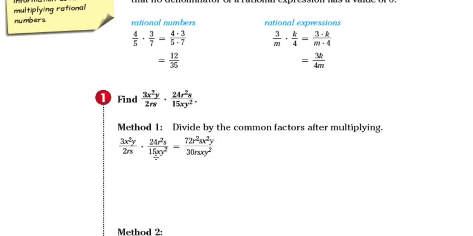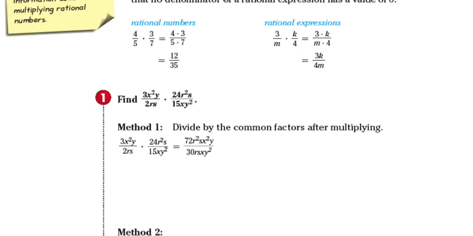So we have now 3 times 24 will give you 72, r squared, s, x squared, and y. We simply multiplied everything, put it into one expression right there. Second thing, on the denominator side, 2 times 15 will give you 30. And then we simply brought the r there, the s, x, and the y squared.